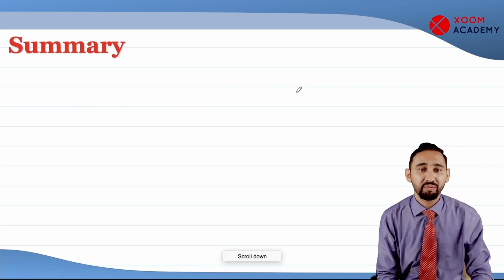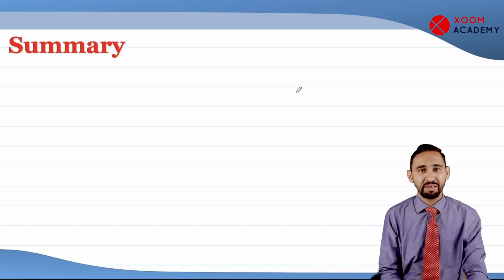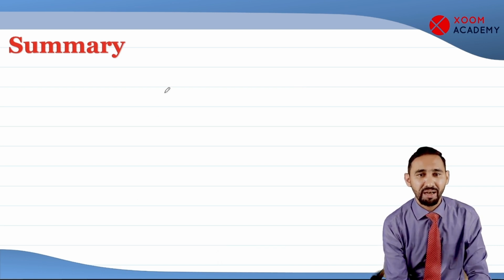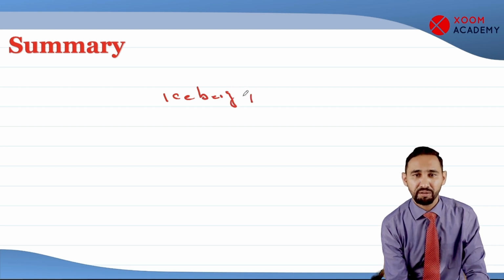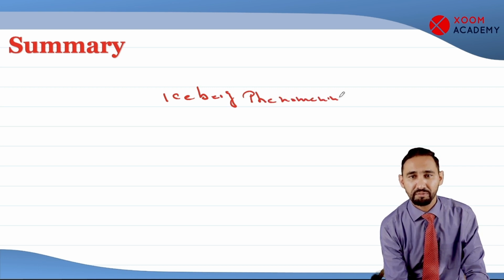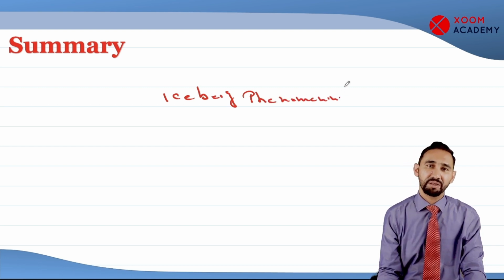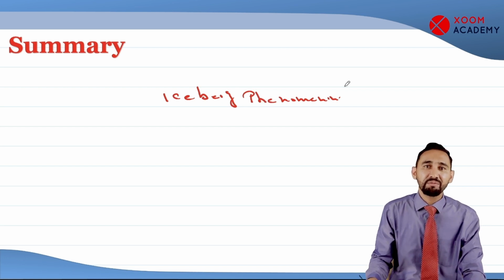Now, in the end, we'll summarize this lecture. We have discussed the iceberg phenomena of disease. The iceberg phenomena shows the hidden burden of disease. There are 2 spectrums of disease in the community, the clinical spectrum and the spectrum in the community.